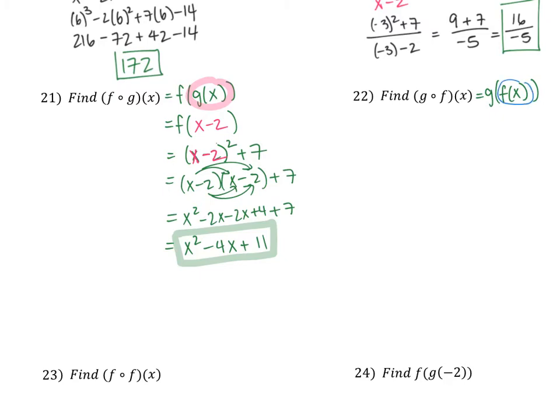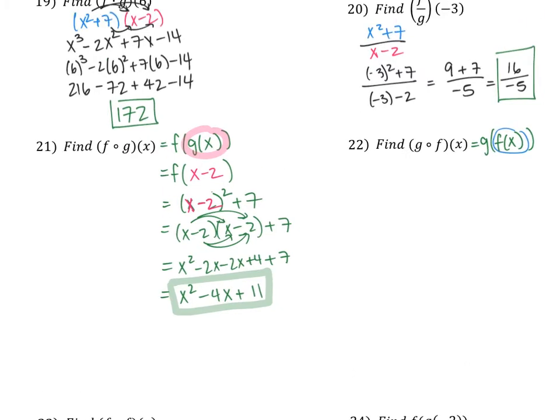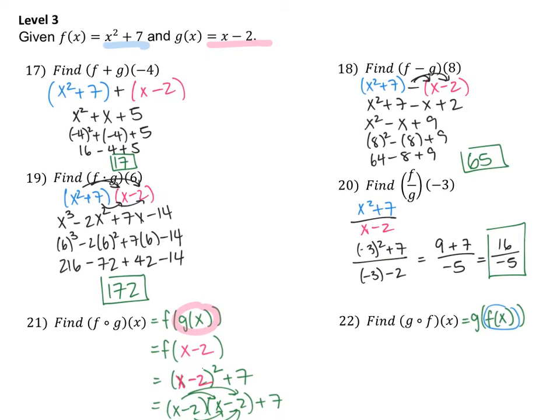So if you look back at what f is, let me bring it up, it is the x squared plus 7. And now what you're going to do is take your x squared plus 7 and plug it in for g. So you're going to plug all of this in for that x and then minus 2.